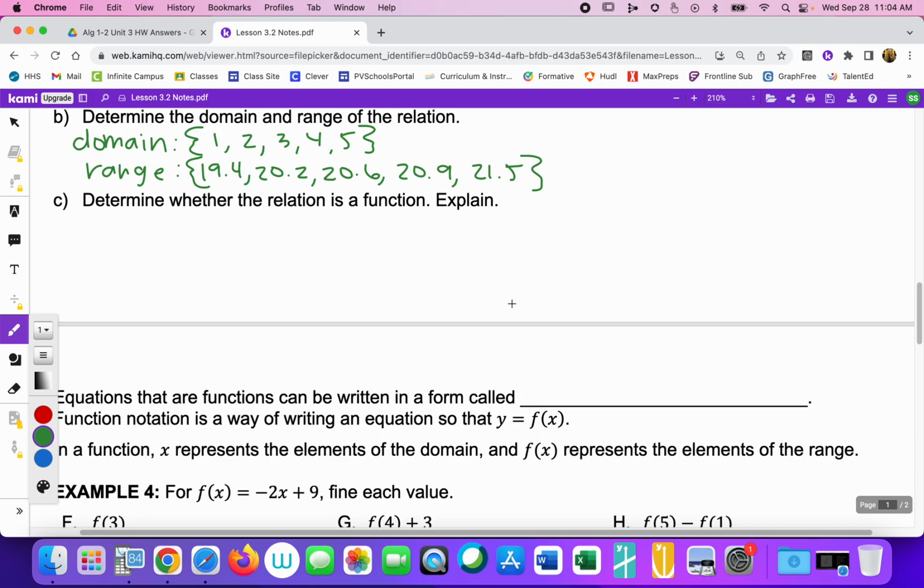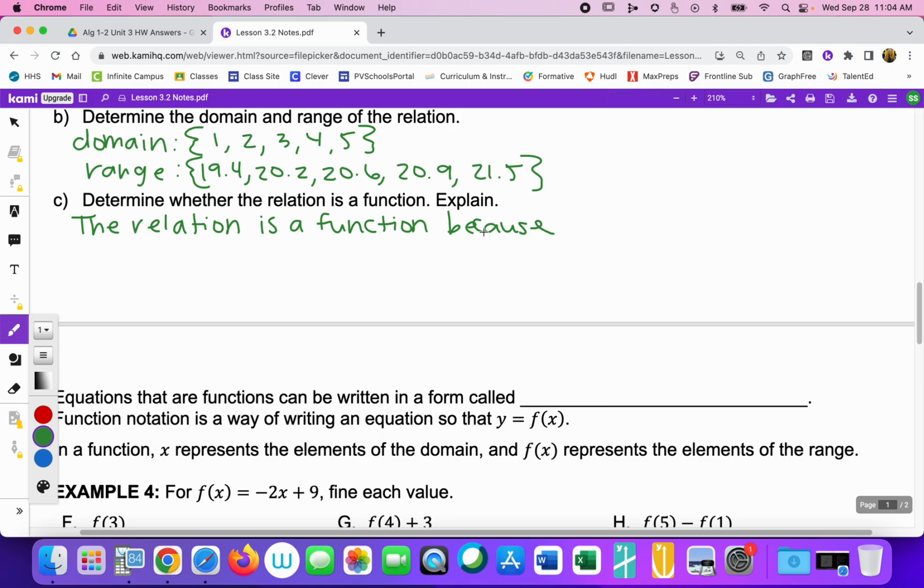You can be very specific: the relation is a function. Just reword the question. If you want to say, yes, it's a function, that's fine. Because what? Each team only has one best jump. The domain does not repeat. You can say the domain values do not repeat, if you want to keep it very simple.